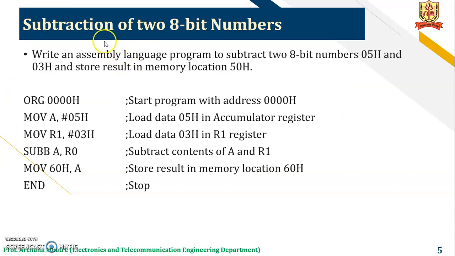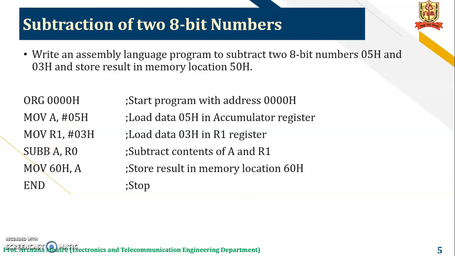Next program is subtraction of two 8-bit numbers. Here we have to subtract two 8-bit numbers, 05H and 03H, and store the result in memory location 50H. So the first number is moved to the accumulator register, then the second number is moved into any one register. Here the R1 register is used.